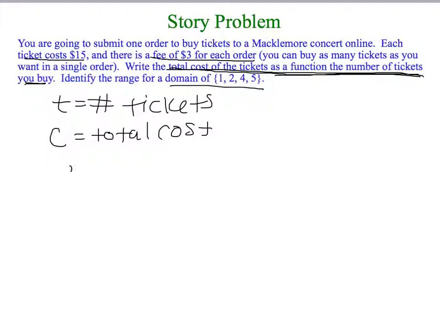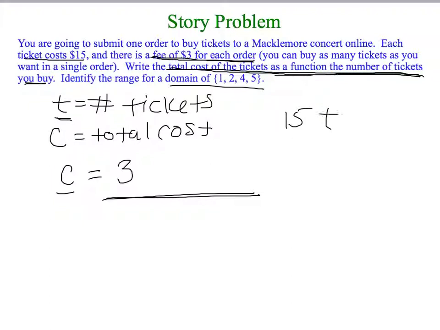So we're going to say C equals everything that's involved in the cost of the order. We know that each order has a fee of $3. So somewhere in that order, we're going to have to pay $3. The cost is going to be in dollars, so everything on this side should be in dollars as well. So we'll say 3 for $3, and we know that each ticket costs $15. We don't know how many tickets there are, but we do have a variable for the number of tickets.